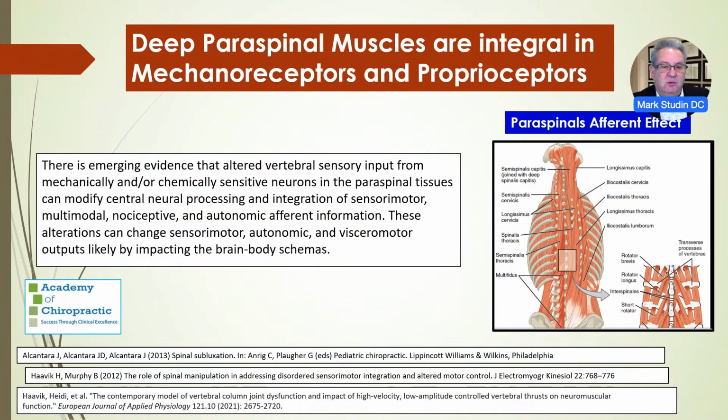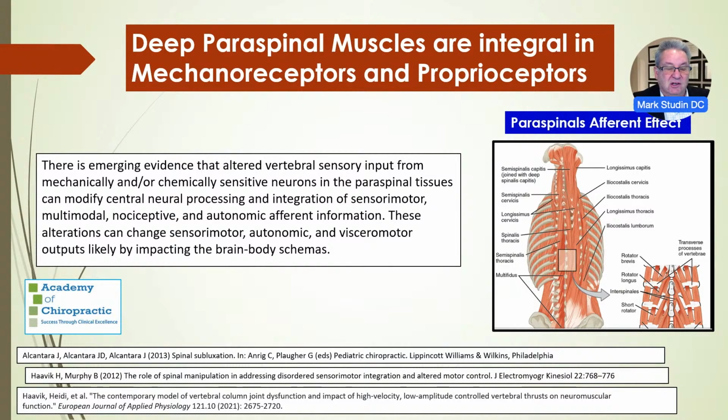So what we're doing is there is emerging evidence, and we're looking at the deep paraspinal muscles. There is emerging evidence that altered vertebral sensory input from mechanically or chemically sensitive neurons in the paraspinal tissue can modify central neural processing and integration of sensory-motor, multimodal, nociceptive, and autonomic afferent information.